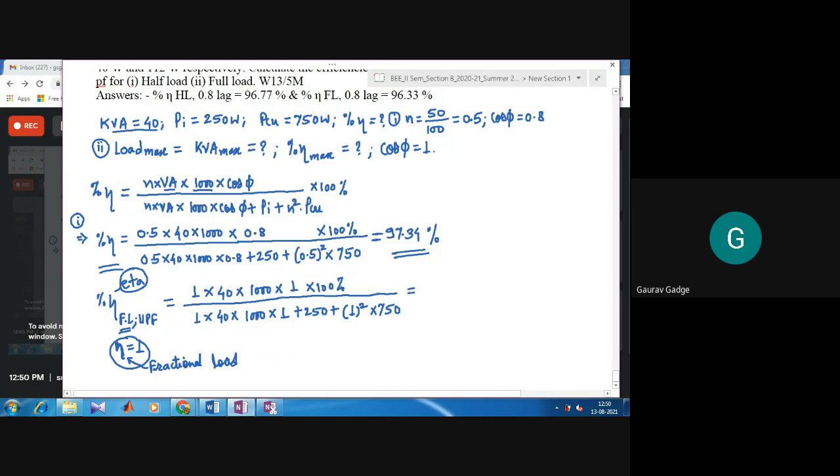So again, just do the calculations. It is 1 into 40, which means 40,000, divided by 40,000 plus 250 plus 750. That's all. What is the answer? 97.56%.